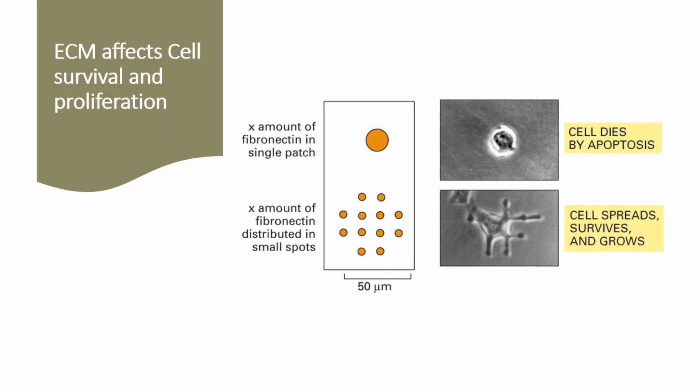Further, as I've already mentioned, the ECM affects the cell survival and proliferation. The attachment of cells to ECM is essential to support cell survival, growth, and proliferation. The lack of these interactions can trigger a type of cell death known as apoptosis or anoikis.